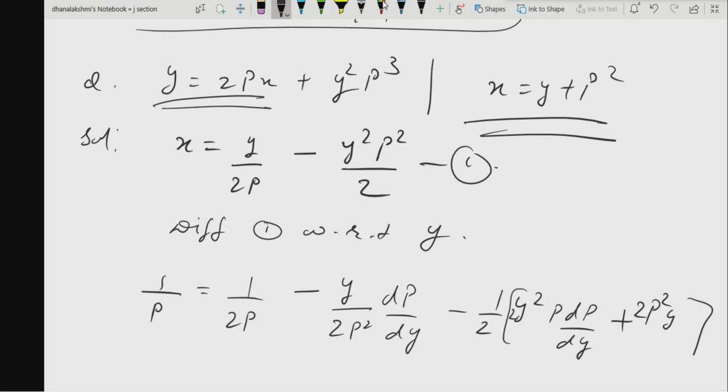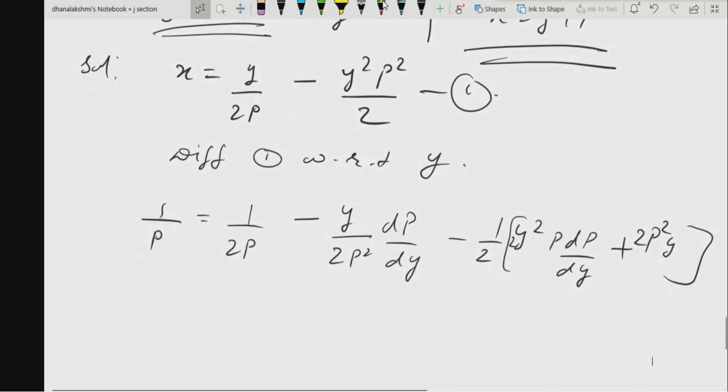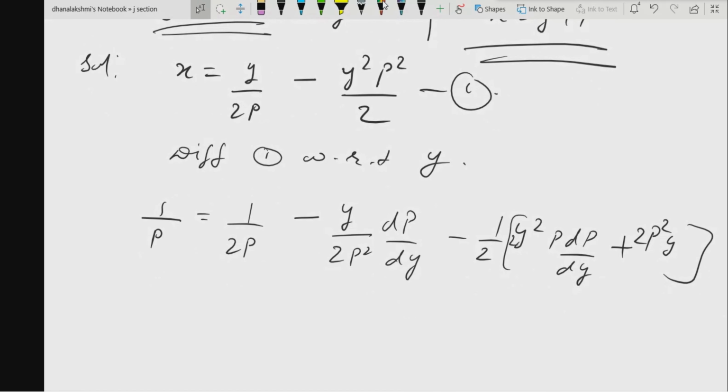You further simplify it. On simplification, what will you get? This is 1 by 2p as it is, minus y by 2p square dp by dy. This 2 and 2 will be cancelled.